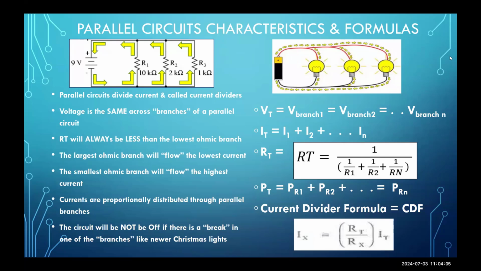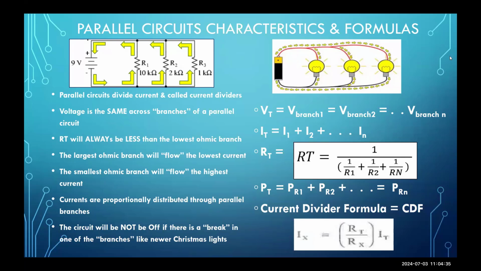RT is really interesting. RT is shown with this formula that looks really intimidating, but it's really easy to calculate. And there's a separate slide that I'll have in a moment that explains why RT is calculated using this formula. Then there's also the power. So the total power of lamps dissipating energy in the form of heat and or light is calculated as branch 1 power plus branch 2 power, all the way up to however many branches you have.